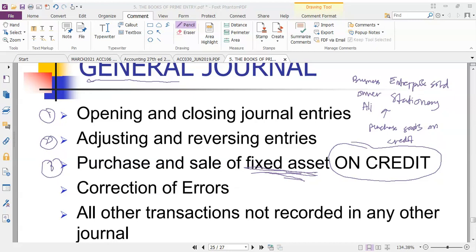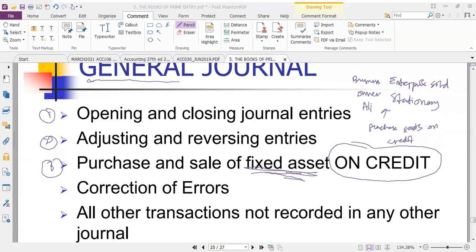General journal or purchase journal, Arwin? Purchase goods. Yes.